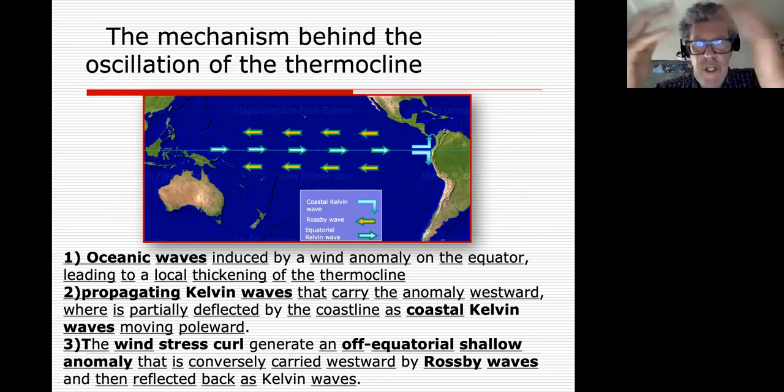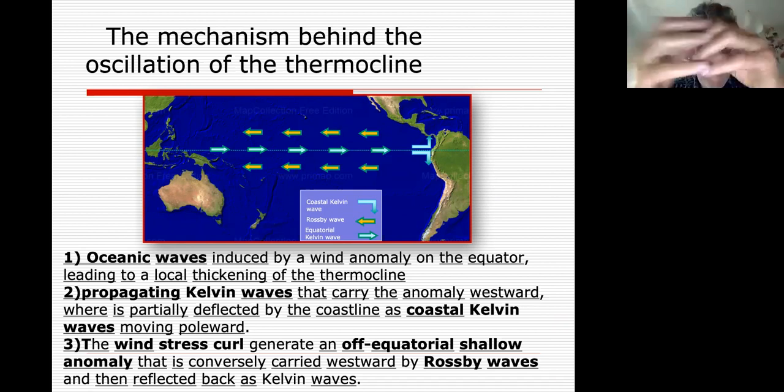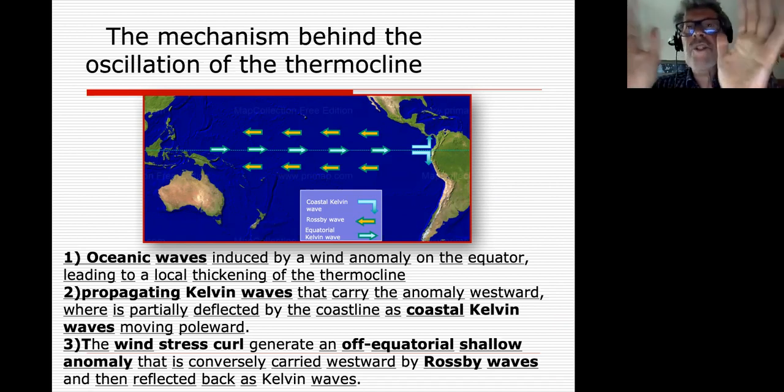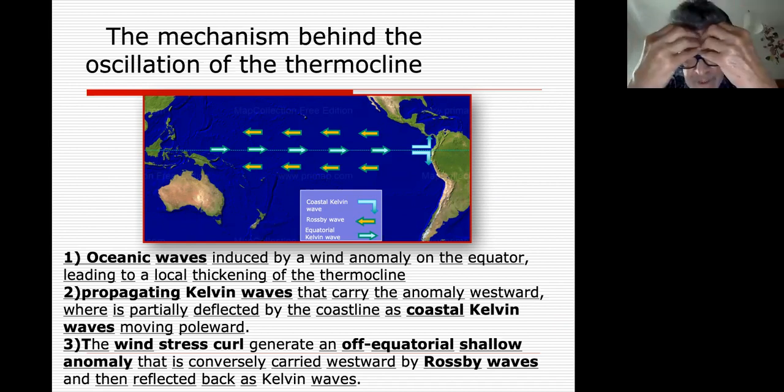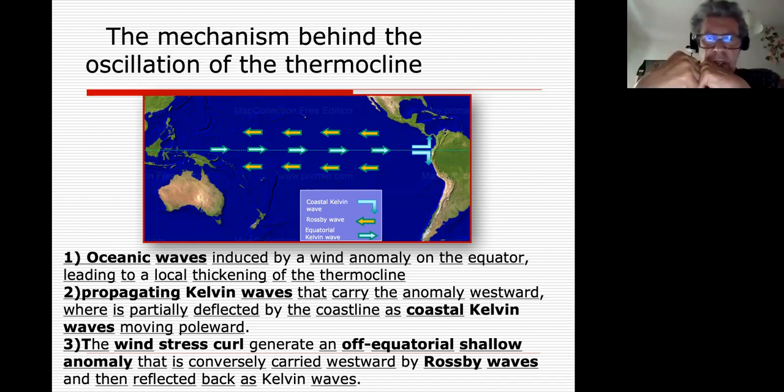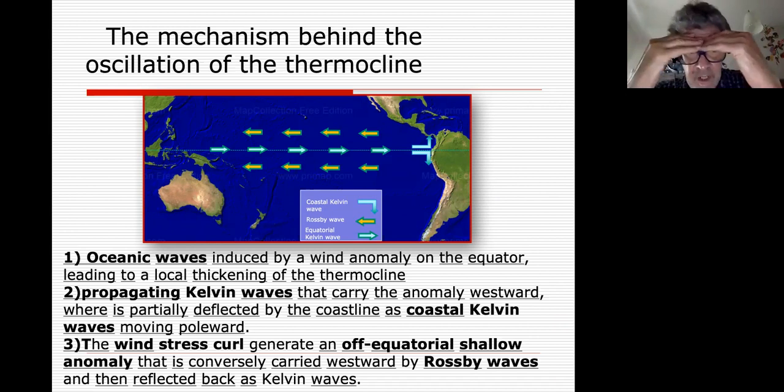And this wind anomaly leads to a local thickening of the thermocline. So the energy starts from some part of the atmosphere, and this is transferred locally to the thermocline.